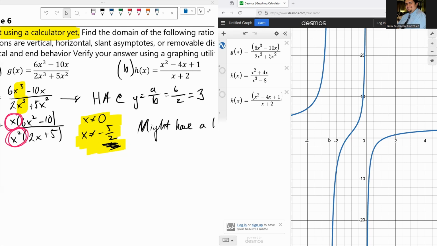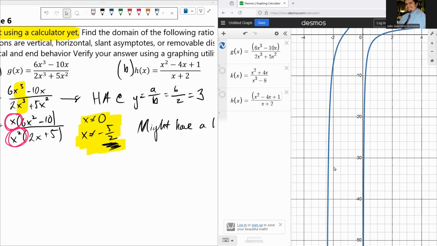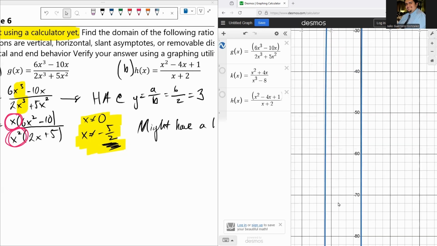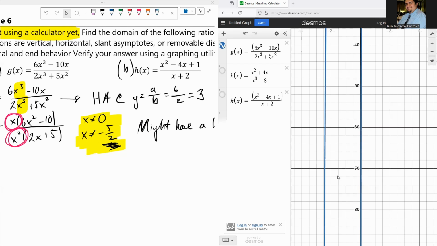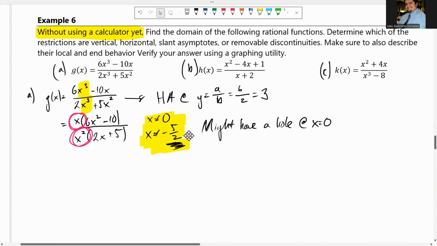So negative 2.5 should be this line right here. If you take a look, right, our line keeps getting closer and closer and closer to that. So we were able to discern everything that we needed from the function itself. Okay, moving along.